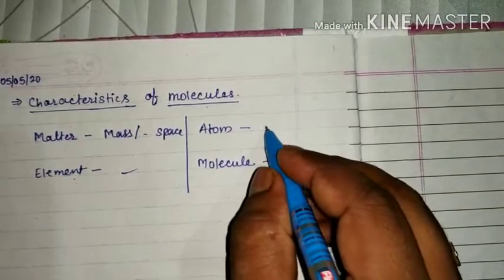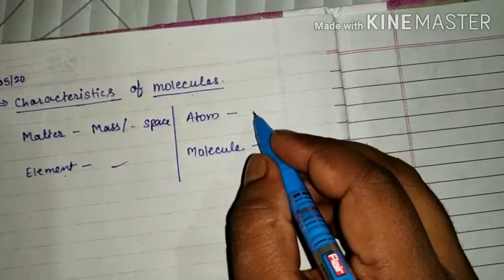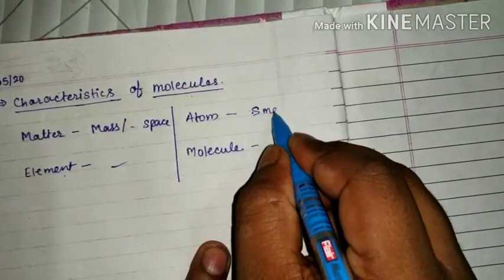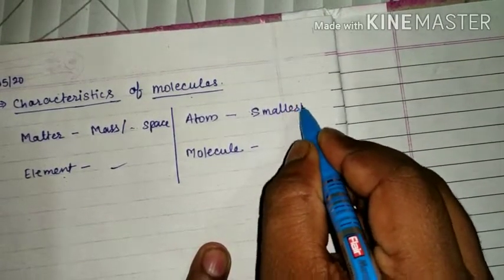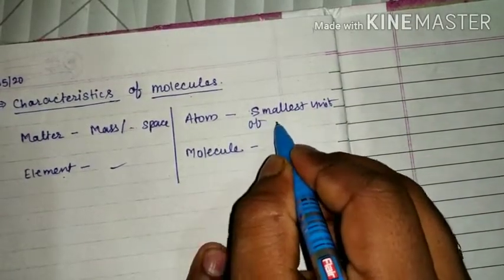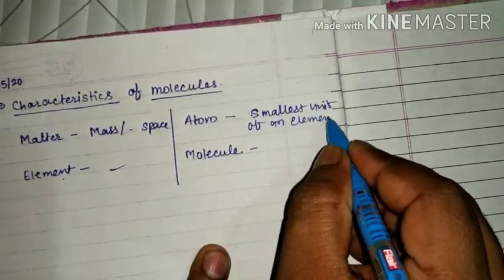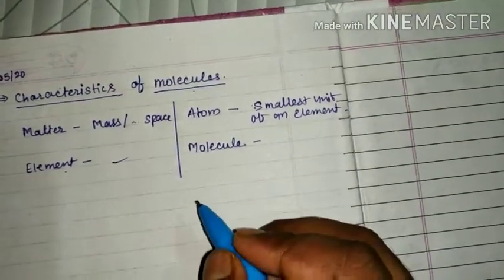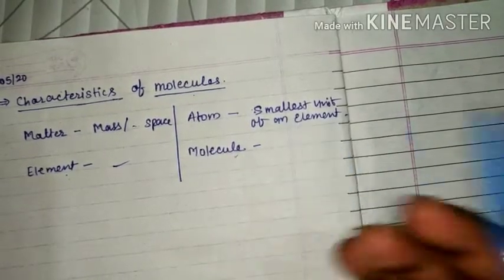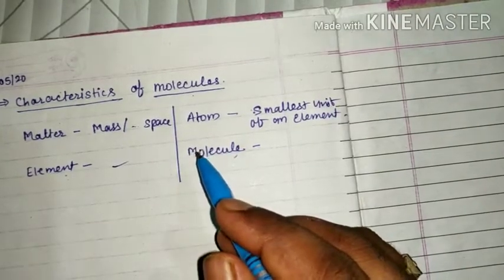Atom is the smallest unit of an element, which may or may not have an independent existence.